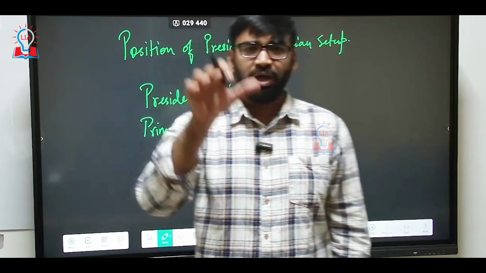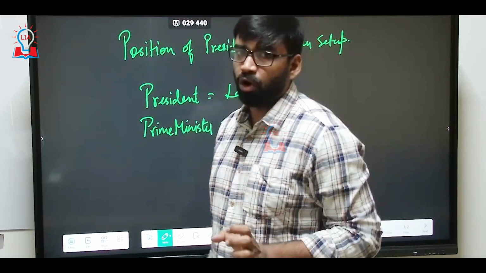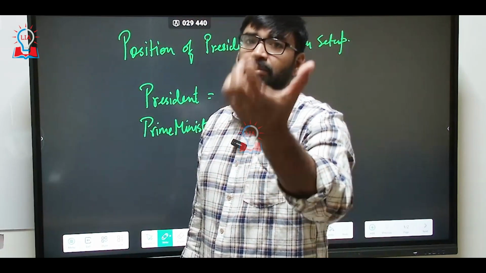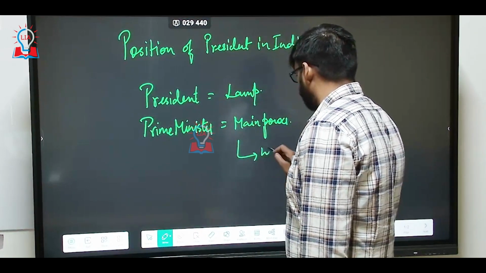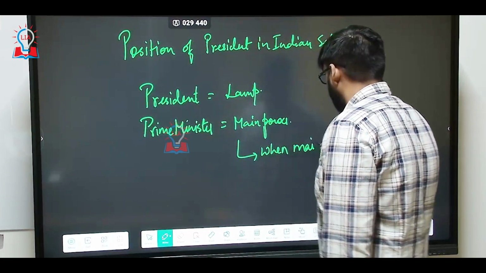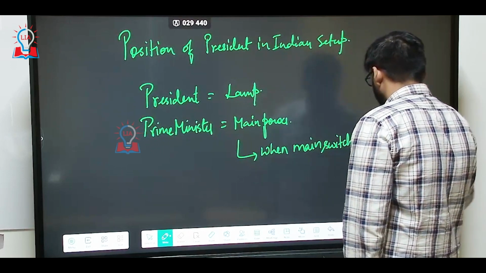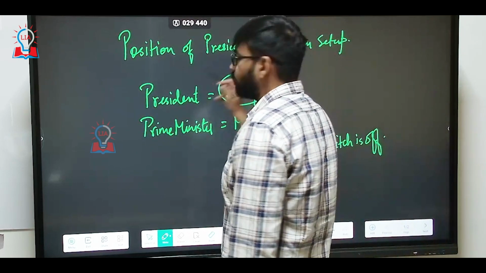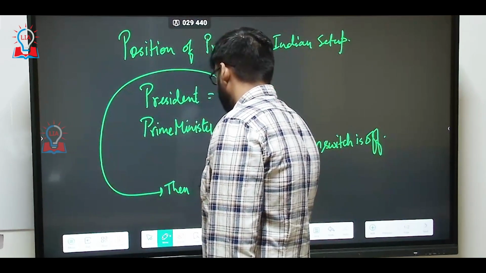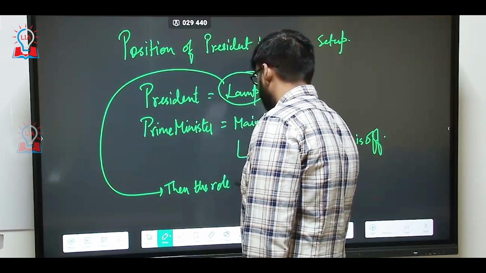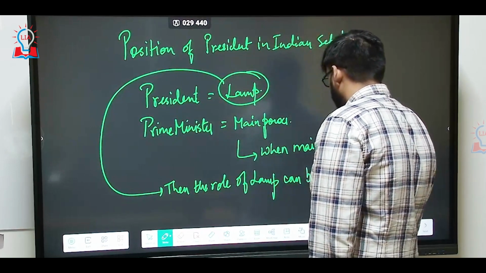Clear? So when the main power or the main switch is off, then the lamp comes into the picture. When the main switch is off, then you will see the role of the lamp, that is the president. Then the role of the lamp can be understood.